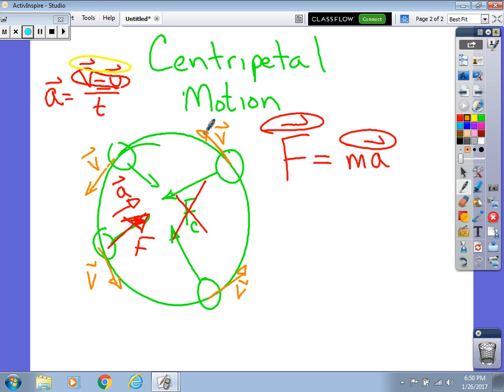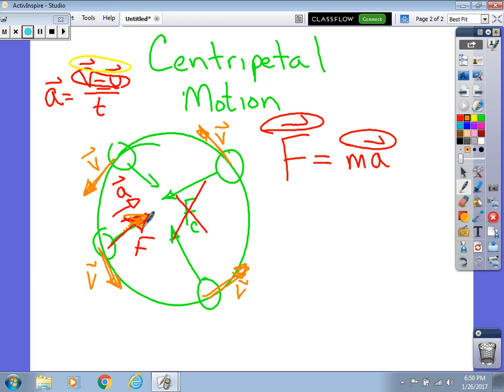Very simply, this guy is going in this direction, this guy's going in this direction, this guy's going in this direction. So the change is in the direction, not in the speed. It's not speeding up or slowing down. To achieve that change in velocity, you have to have this centripetal force. And that's why the acceleration is also center-seeking.